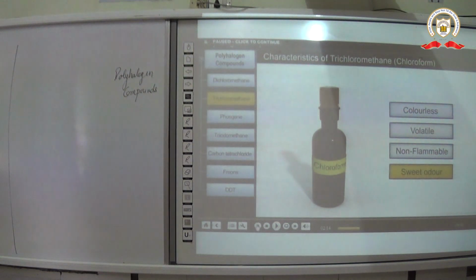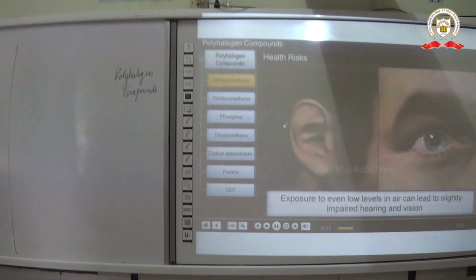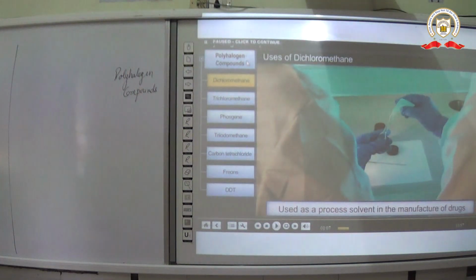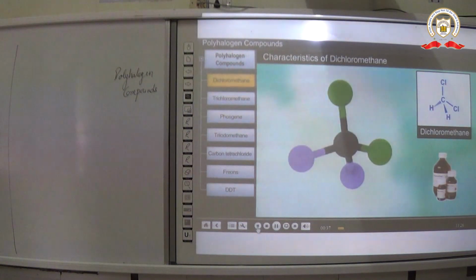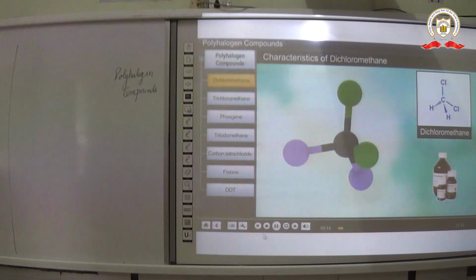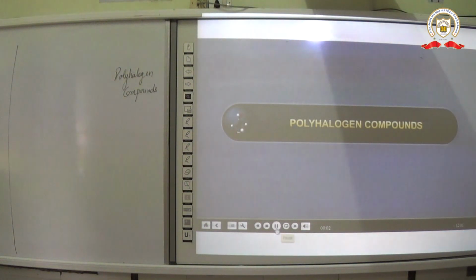We will be dealing with a number of things, the dichloro compounds and many others. Let's have a look at the health risks and environmental problems associated with some important polyhalogen compounds.